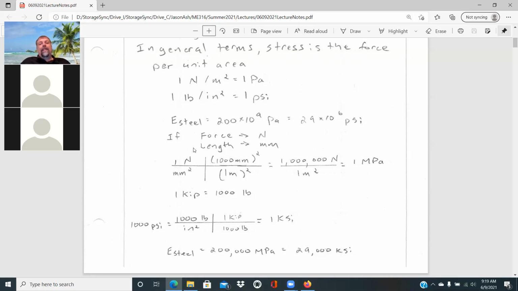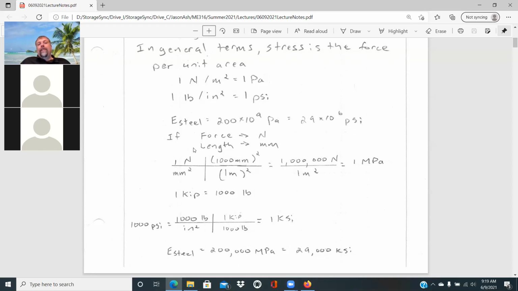Instead of 200 times 10 to the 9th pascals, you could put 200,000 in place of that and not have to deal with the scientific notation. And likewise, the units of stress are generally going to be in the megapascal range.